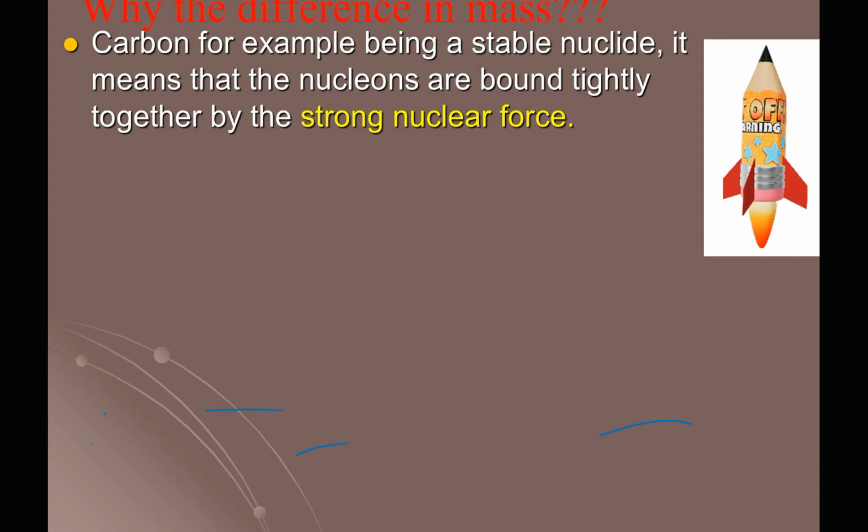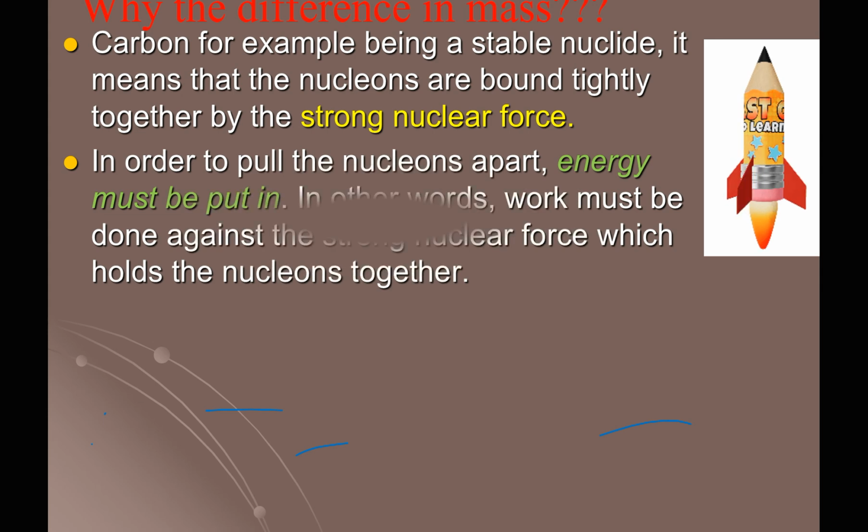Carbon, for example, being a stable nuclide, means that the nucleons are bound tightly together by the strong nuclear force, as I've already mentioned. And in order to pull the nucleons apart, energy must be put in. In other words, work must be done against the strong nuclear force which holds the nucleons together.